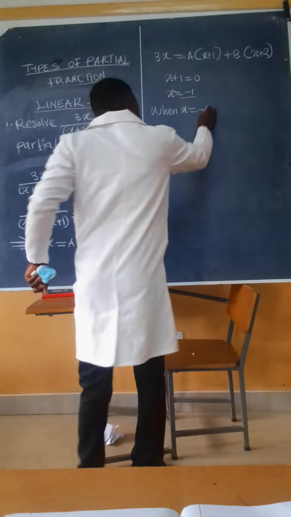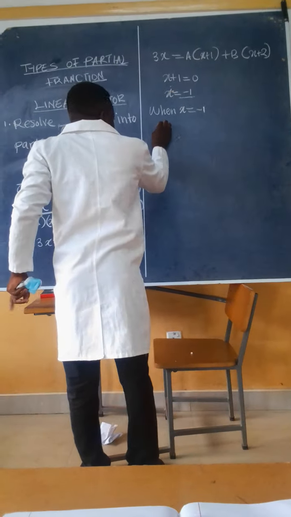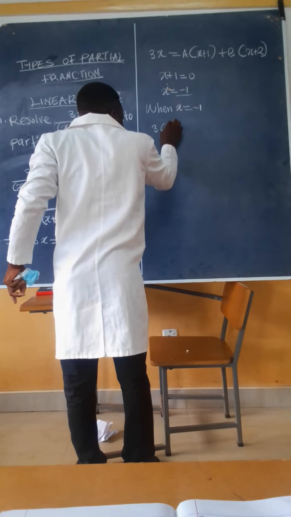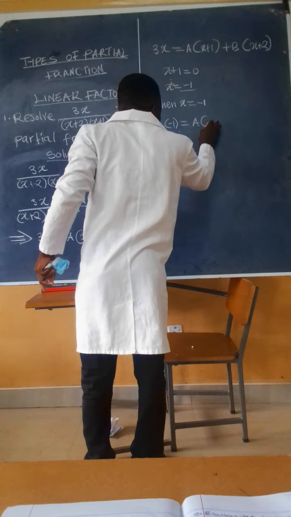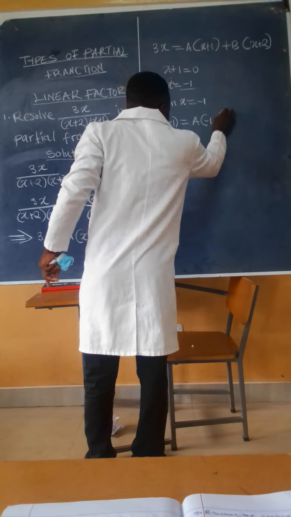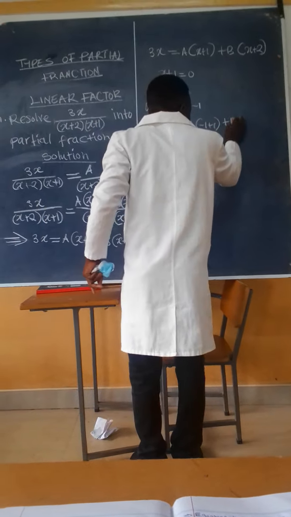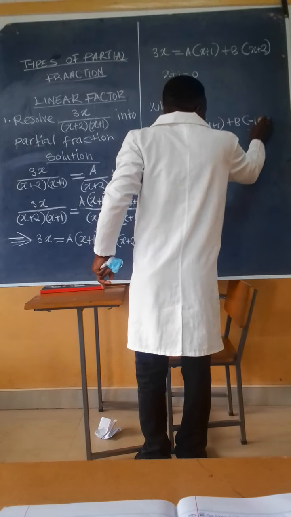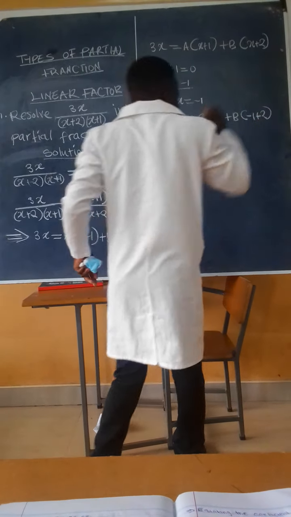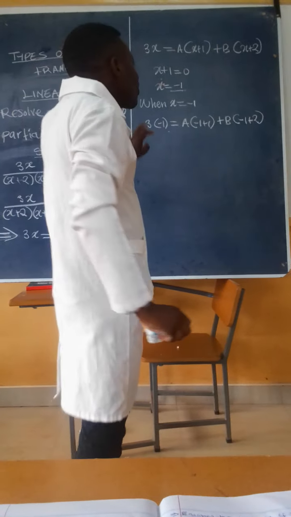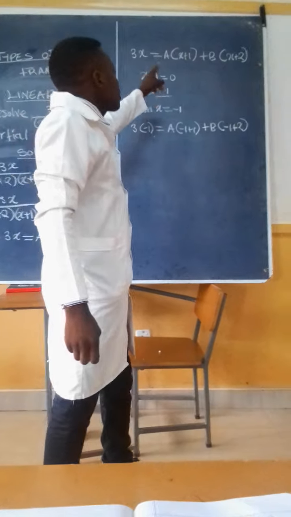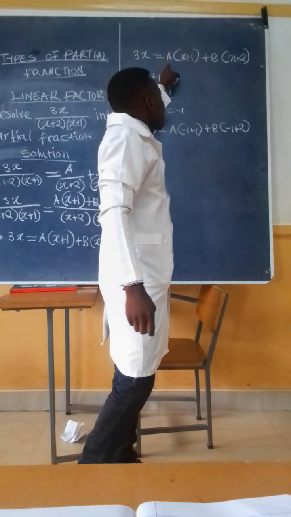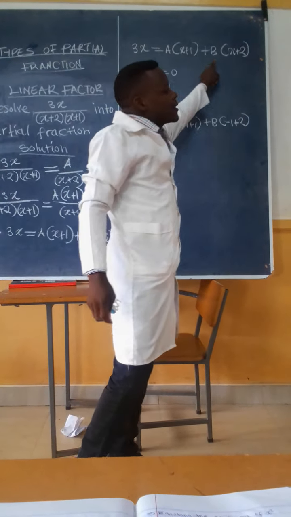So we simply say 3(-1) is equal to a(-1 + 1) + b(-1 + 2). Our aim of equating x + 1 to 0 is that we want to cancel one of the constants, either a or b.